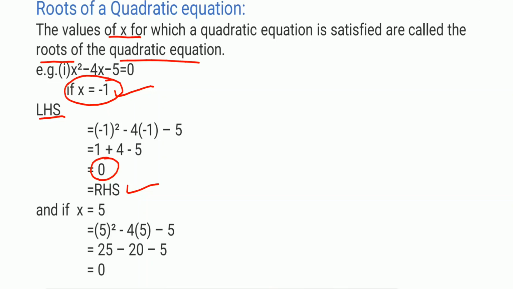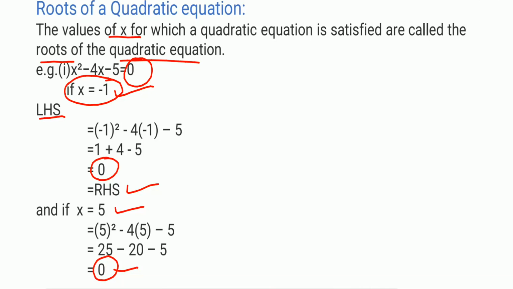Similarly, if I substitute x equal to 5, still I get the answer 0. That means LHS is also 0 and RHS is also 0. Both the sides are coming equal. Now here x equal to 5 is also a root of the quadratic equation. As it is a quadratic equation, it has two roots.